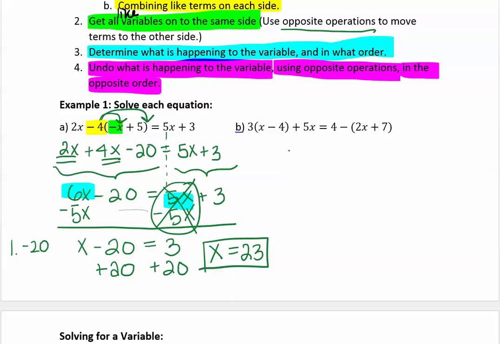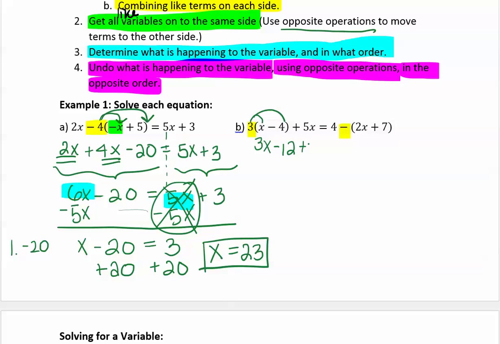Okay, let's do that again. Step 1, distribute. I have two distributions here. First one, I'm distributing a 3. Second one, I'm distributing a negative. So distributing a 3, I get 3 times x is 3x. 3 times negative 4 is negative 12.